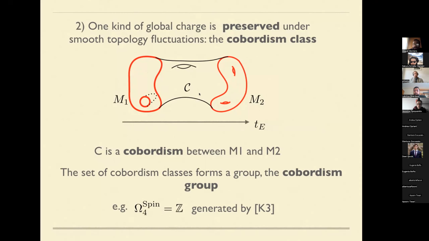Okay? Question? Yes, please. So why do you only allow cobordisms? I could envision some other kind of transformation. For example, we know that there are topology changing transformations involving Landau-Ginzburg models. Very good. This is exactly where I'm going, Laksha.